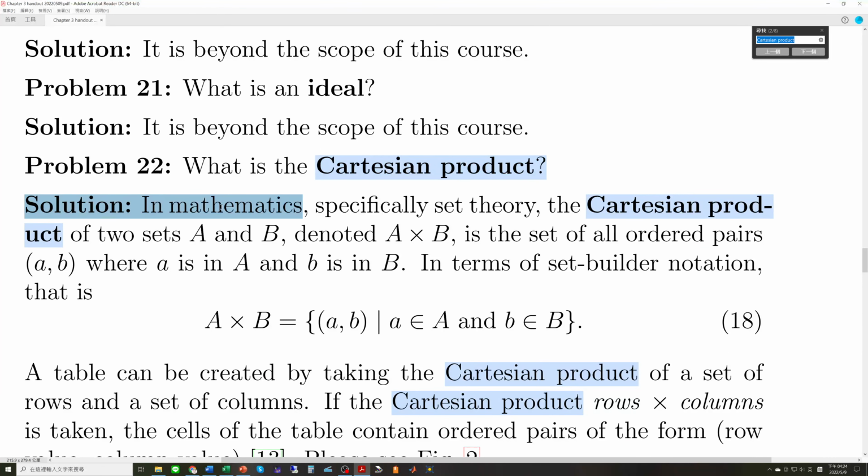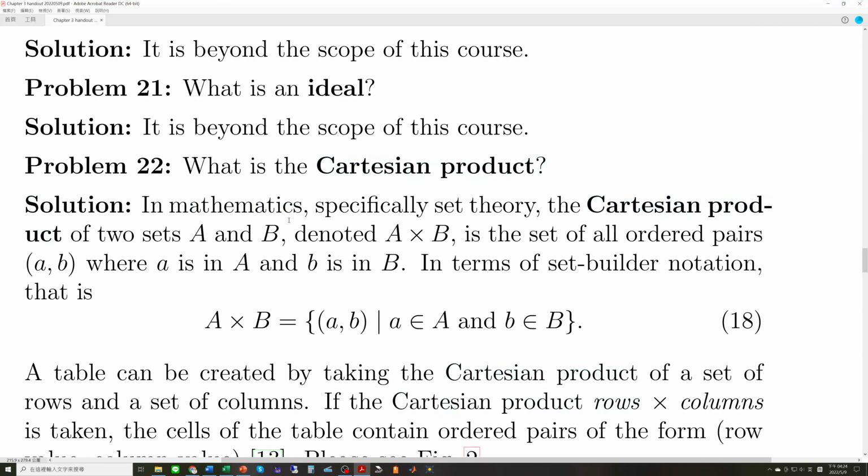Solution: in mathematics, specifically set theory, the Cartesian product of two sets A and B, denoted A times B, is the set of all ordered pairs (a, b), where a is in A and b is in B. In set builder notation, A times B is equal to the set of all ordered pairs (a, b), where a is in A and b is in B.